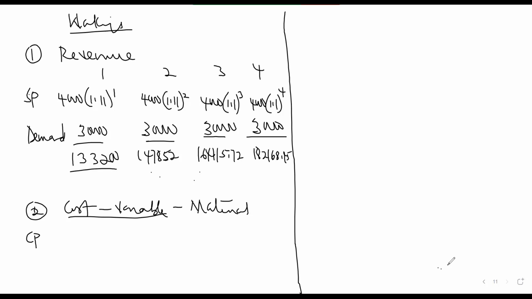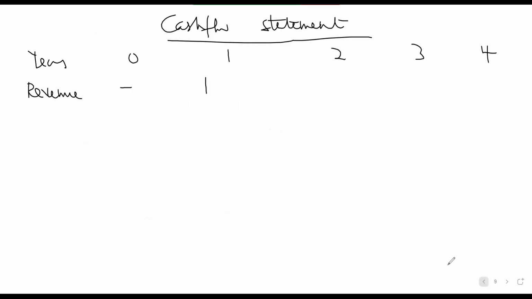So since we have this now, let's go and put it under the revenue before we come to the cost. So we have 133. So let me put the currency sign here.